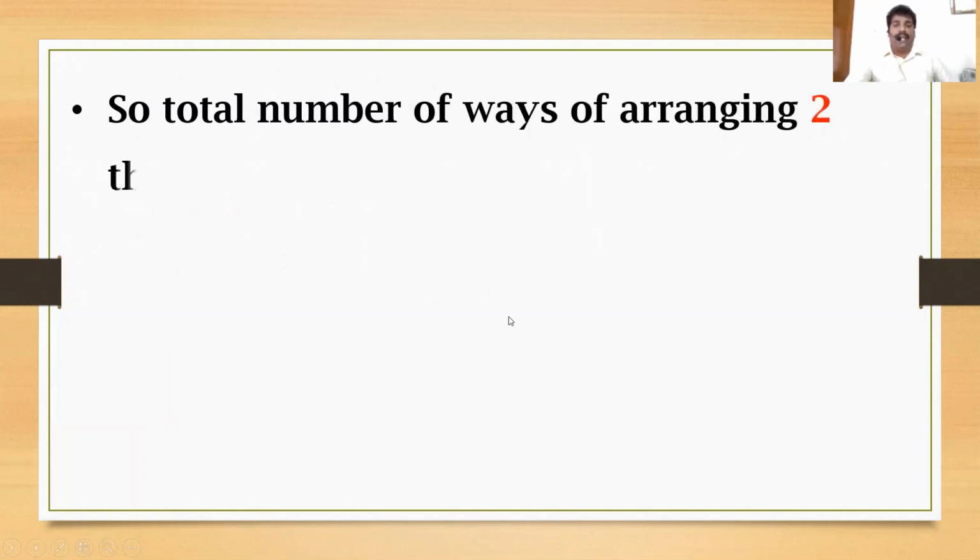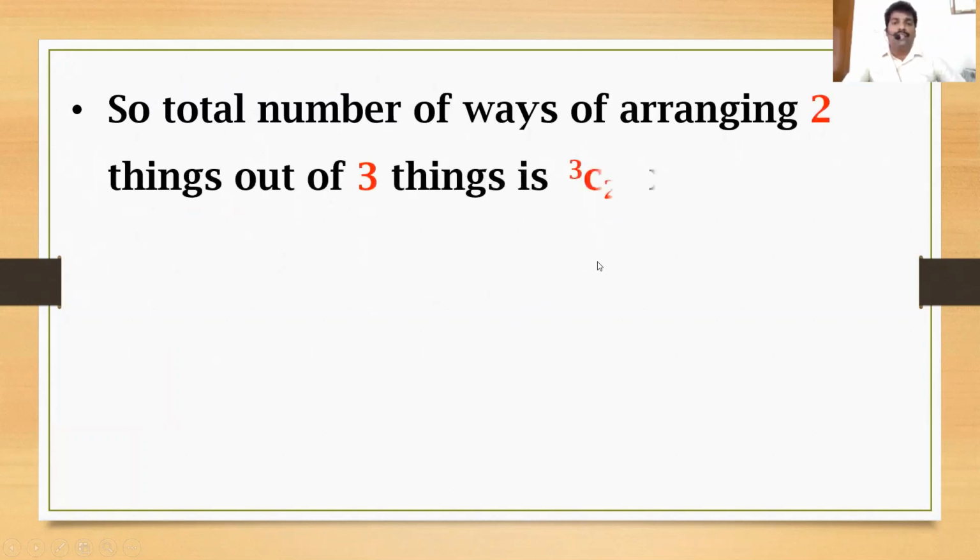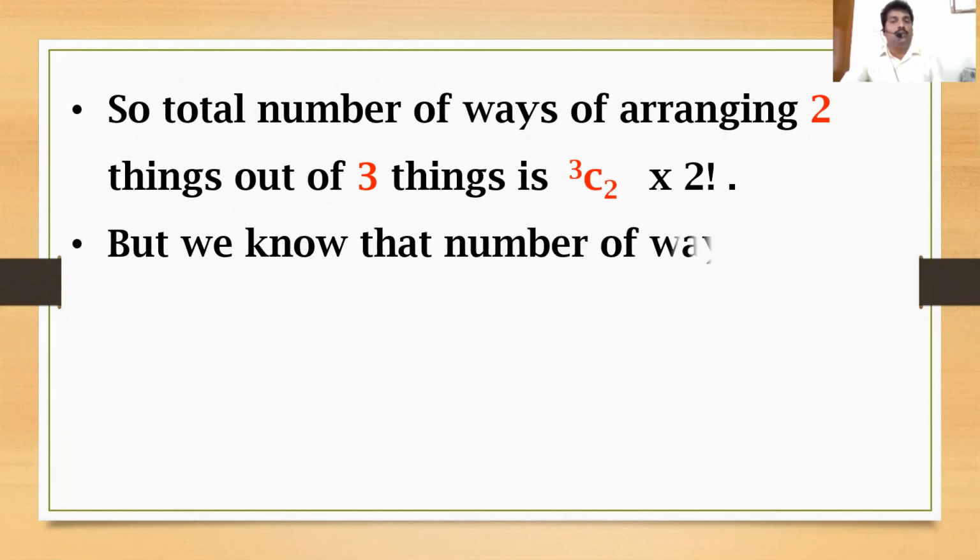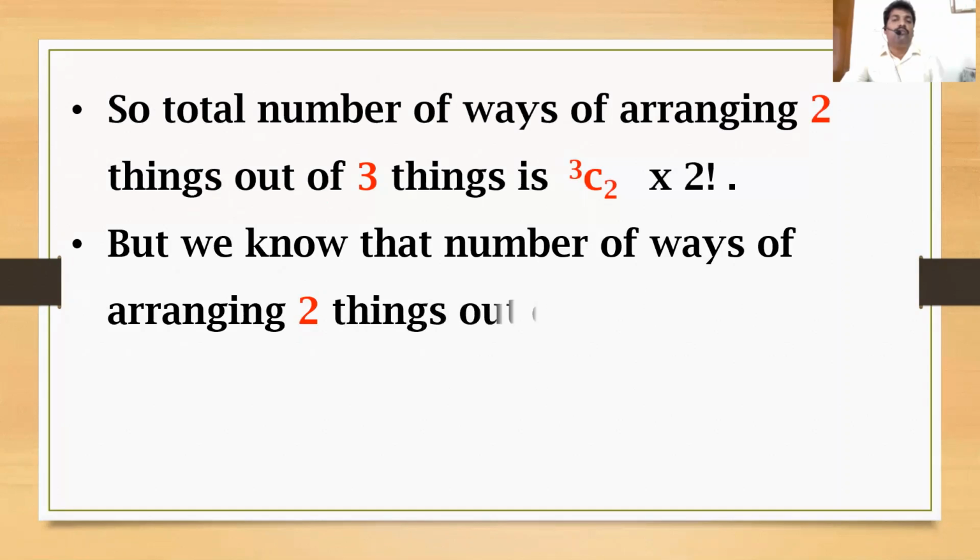That is, the total number of ways of arranging 2 things out of 3 things is 3C2 into 2 factorial. But actually, in permutation, what we have learned, the number of ways of arranging 2 things out of 3 things is 3P2. So 3P2 is equal to 3C2 into 2 factorial.